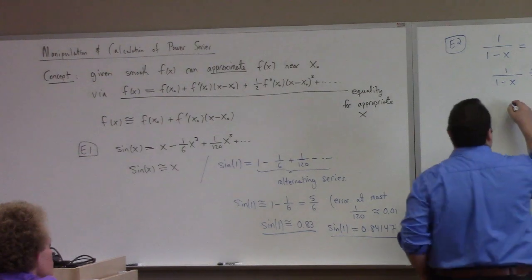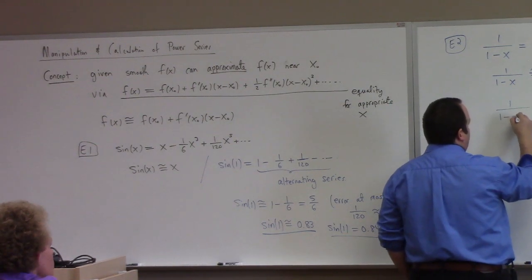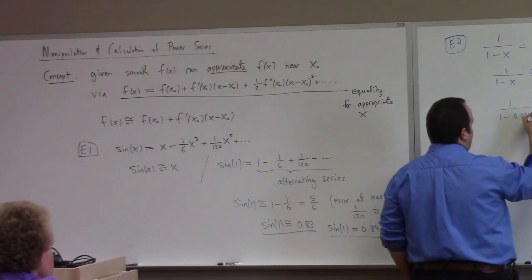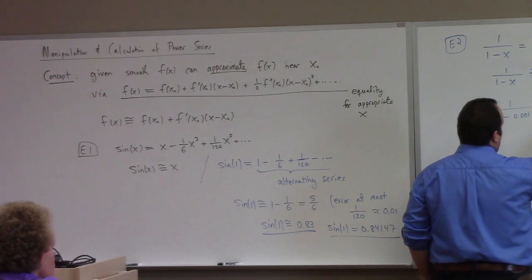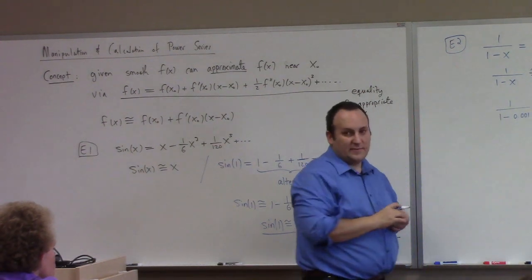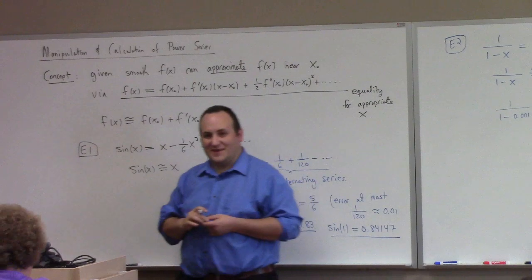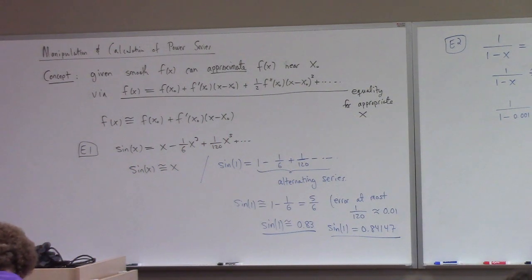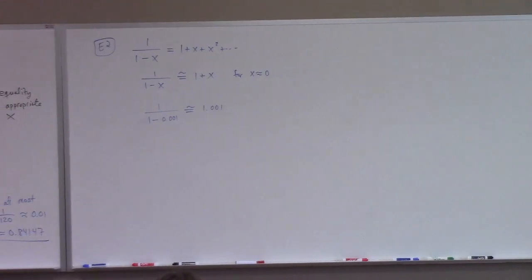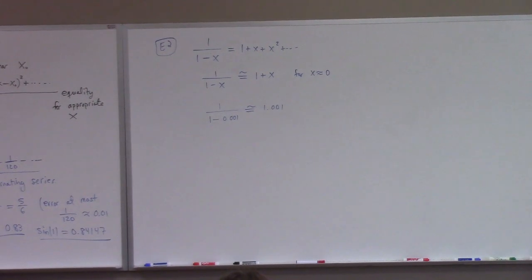Here, we could try it out. 1 over 1 minus 0.001 is approximately 1.001. Try it out. What do you get if you take the reciprocal? I need to get my calculator out. I'm not sure I have one, no. Oh, man.